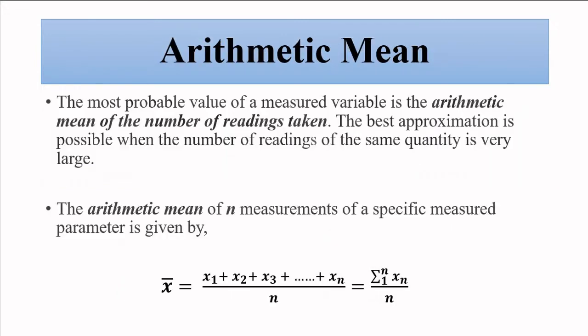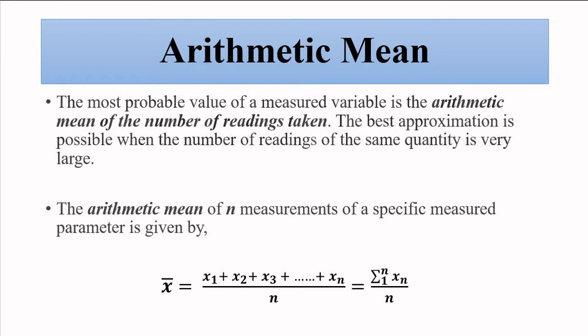So arithmetic mean is generally taken, we can understand it as the average of the number of readings that we have taken, and the closest value of the parameter under measurement is the arithmetic mean. It is the best approximation, close to the true value that we want.